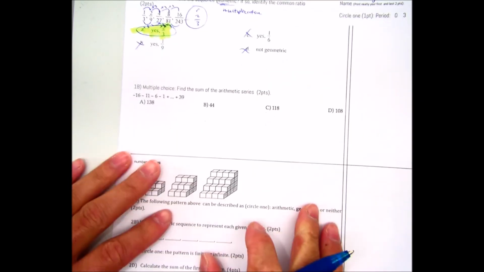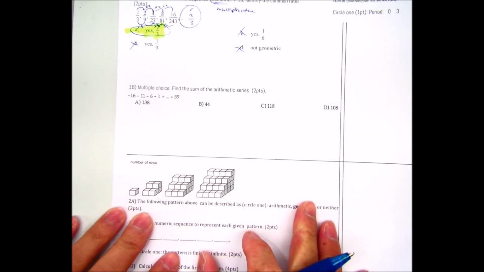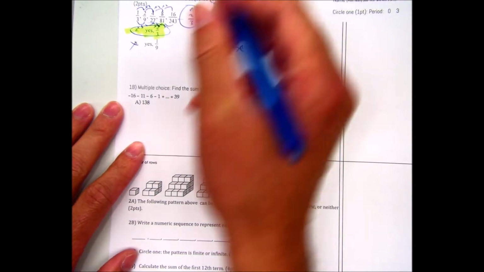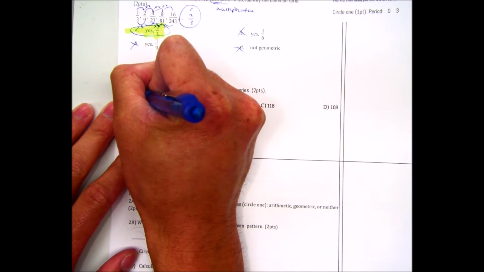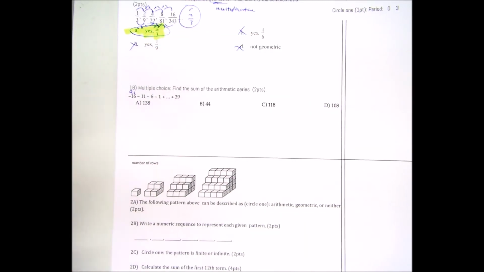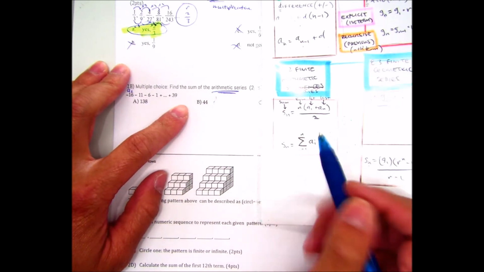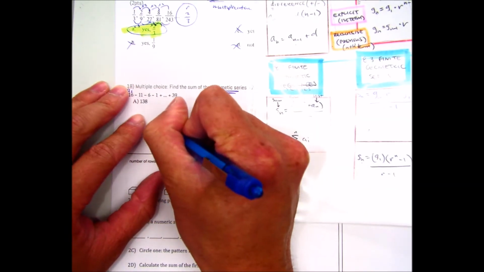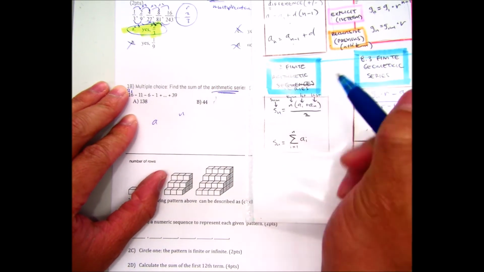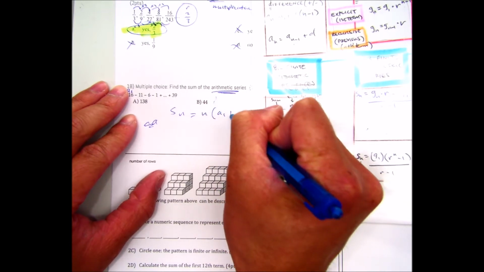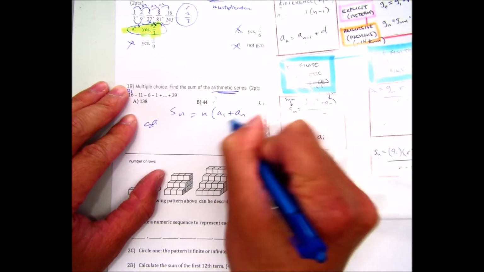Question 1b, find the sum of the arithmetic series. So to find the sum, I have the first term, and then if I find arithmetic series, keyword there, I can use my formula, Sn equals n times a1 plus an divided by 2.